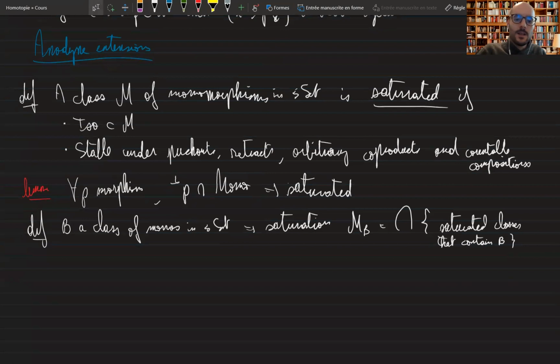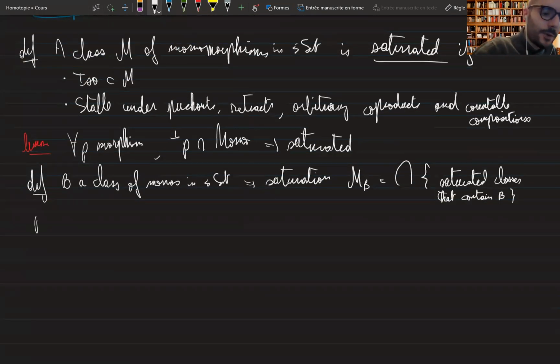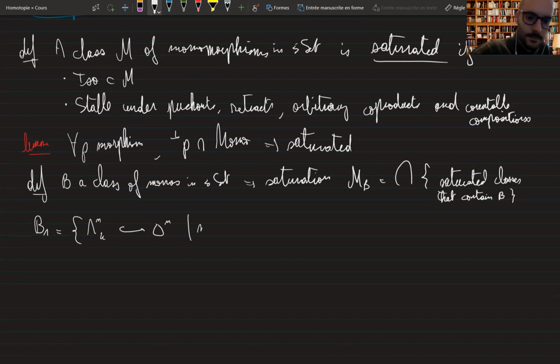Okay. So I will define three classes of maps. The first one is this one. You can check that they are all monomorphisms. The second one is this one, a bit more complicated.